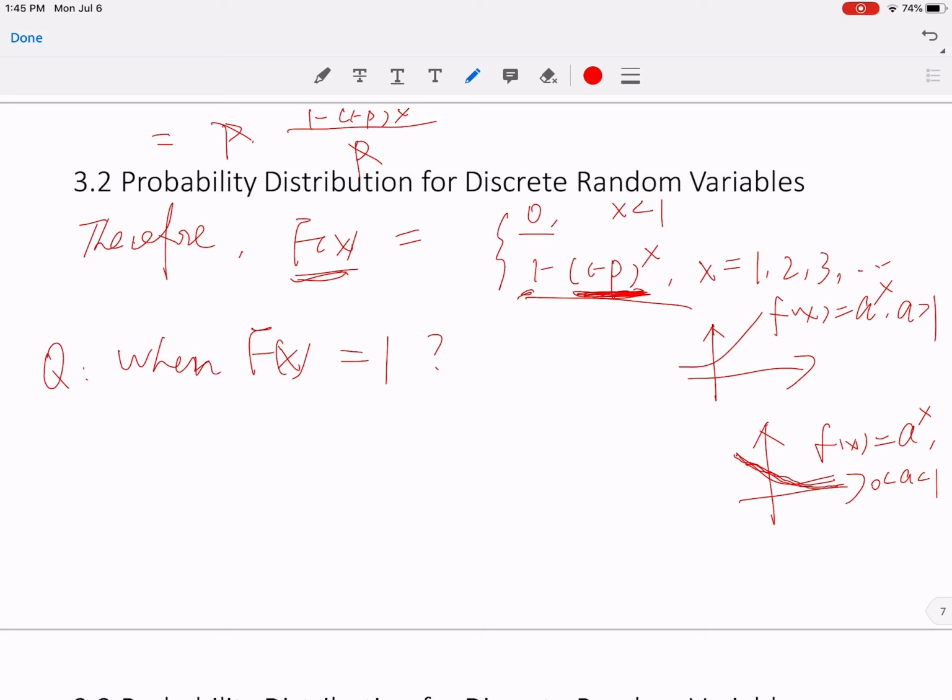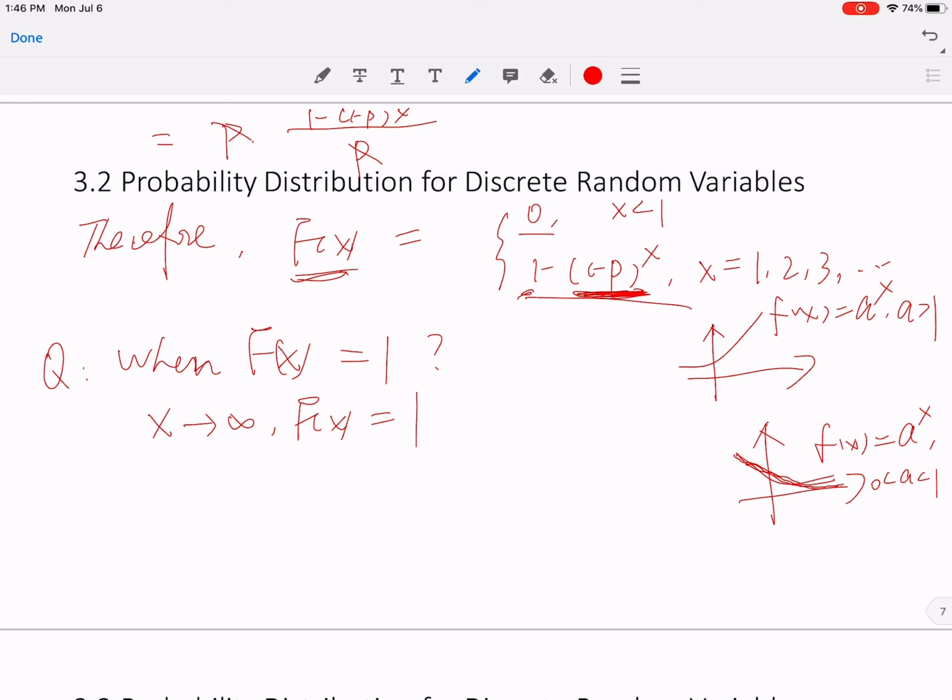So if x is going to infinity, then F of x is equal to 1, because when x goes to infinity, the exponential part would be 0, and 1 minus 0 will give us 1.